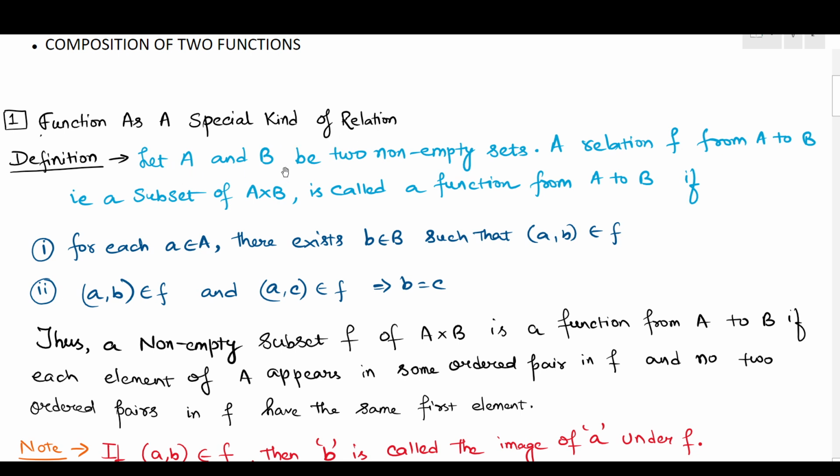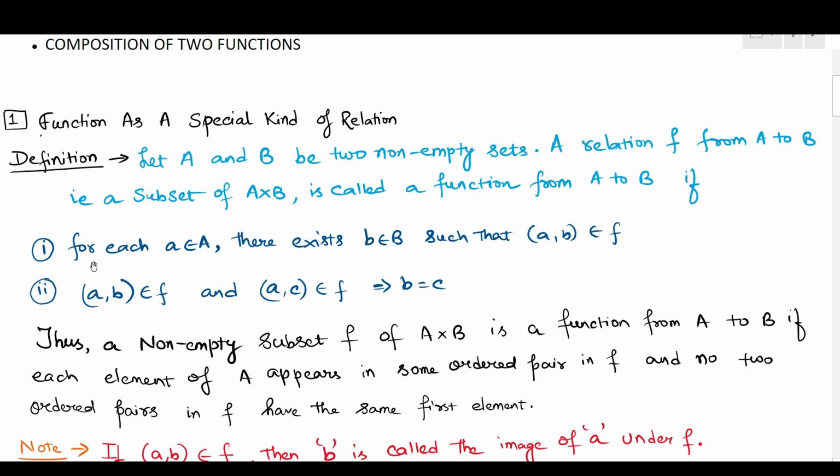Let A and B be two non-empty sets, then a relation F from A to B, which is a subset of A cross B, is called a function from A to B if it satisfies these two conditions.